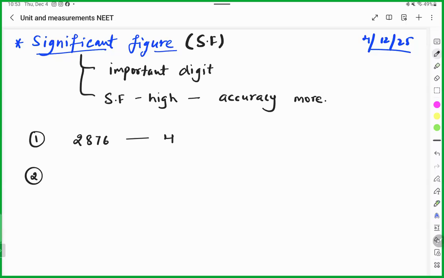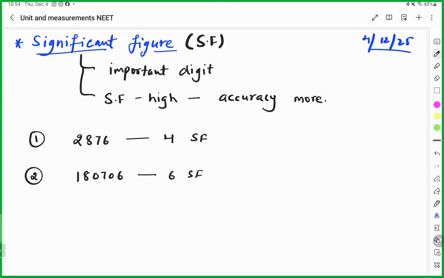All the numbers other than 0 are significant figures. Second, if you take 0 in between, example 180706, what will be the significant figures? 6. Because all non-zero digits will be considered.